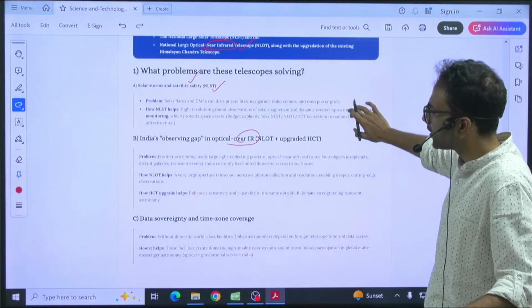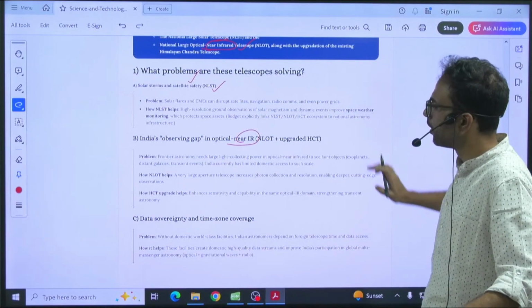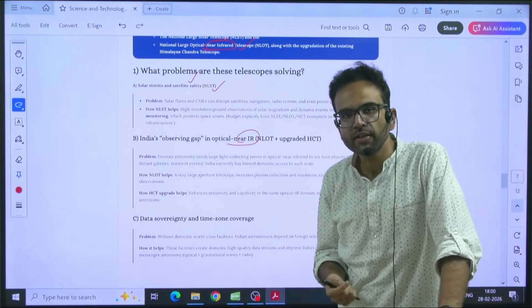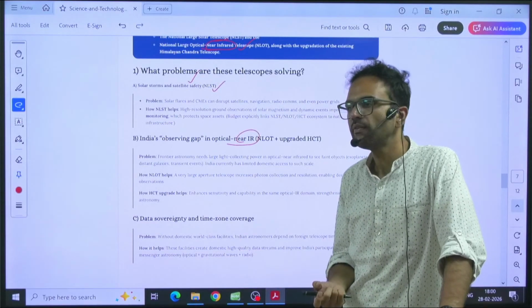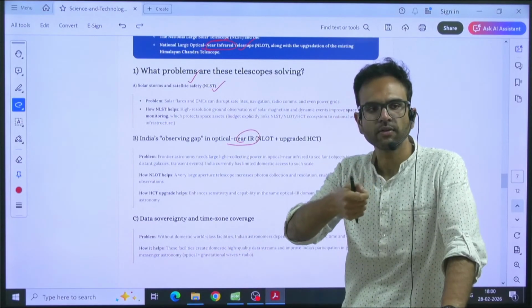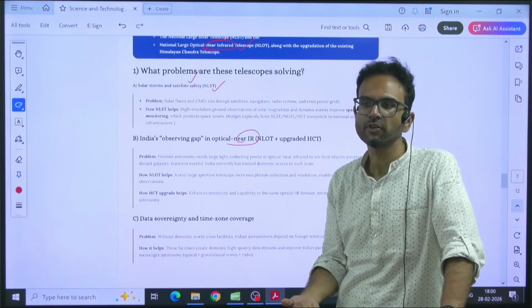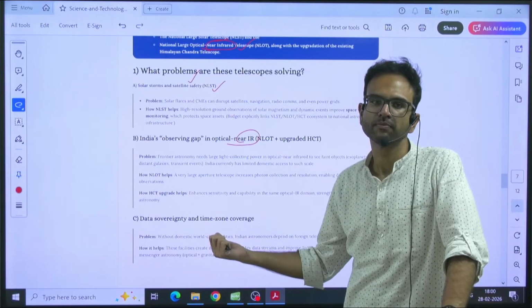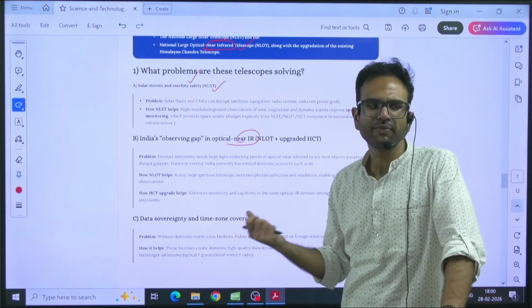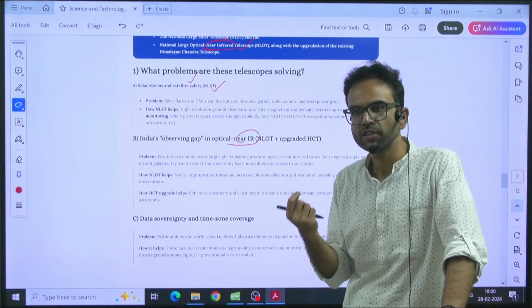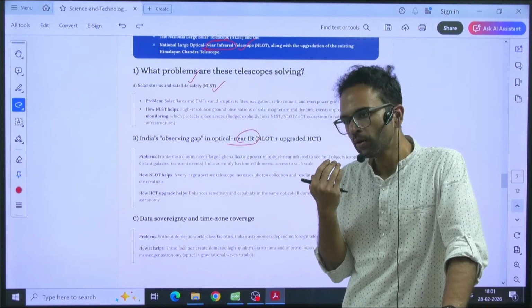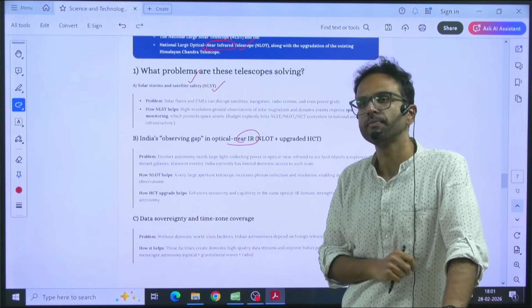Next is data sovereignty and time zone coverage. When you don't have the domestic facilities, you will always have to store this data elsewhere, which will defy the very purpose of our investment here. If we want to have an edge in the scientific community, we have to produce it as well as store it locally.